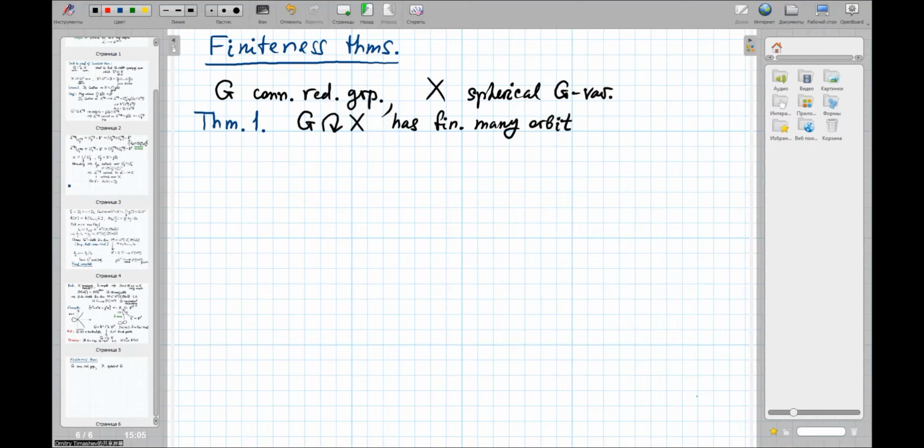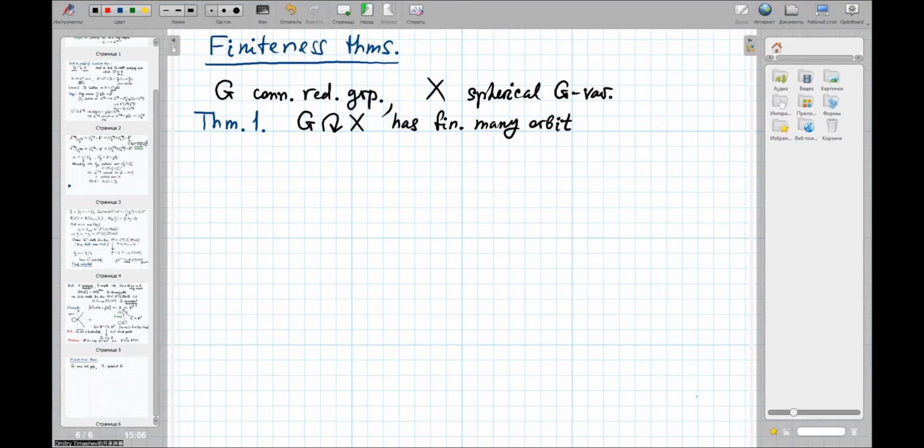But of course, if you have a non-normal spherical variety, you can normalize it. There is a normalization construction, as you remember. And the normalized variety will be still spherical. So you can make any spherical variety normal by a small modification. But let me assume normality from the very beginning. It is not essential for this theorem, because if X were non-normal, then you can normalize it.